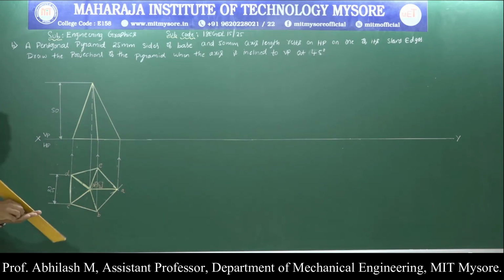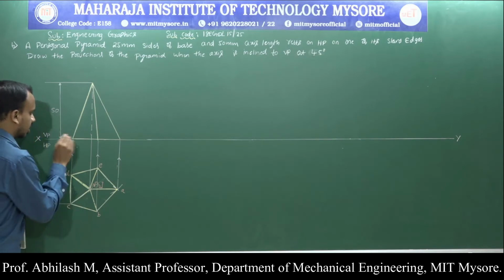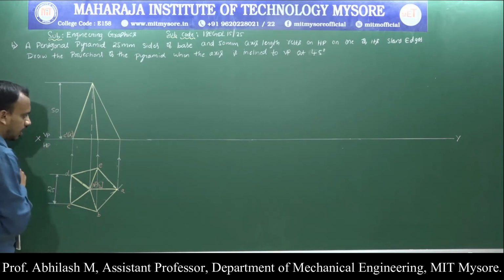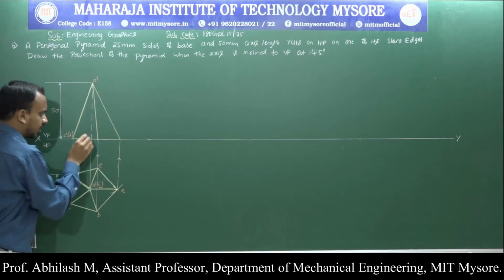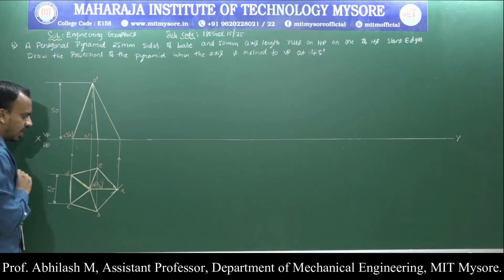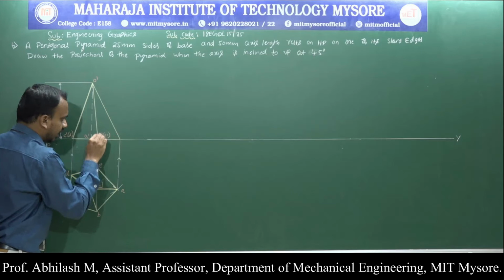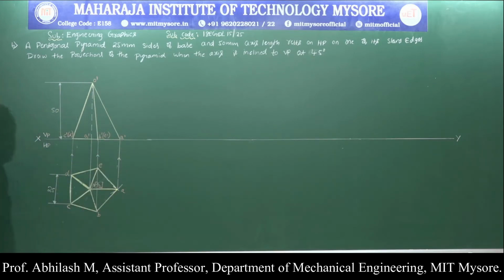We are supposed to name the corners, that is C dash is visible, C dash of D dash. Here O dash is my apex, it is O1 dash. Here it is B dash of E dash, and from here it is A dash.